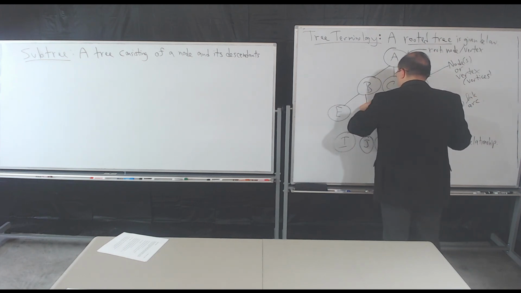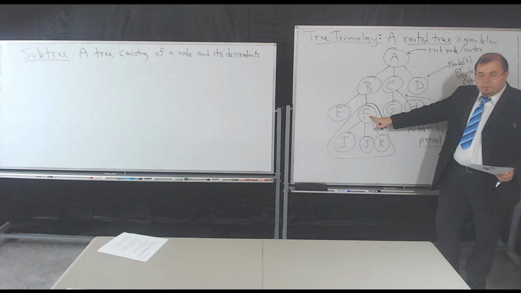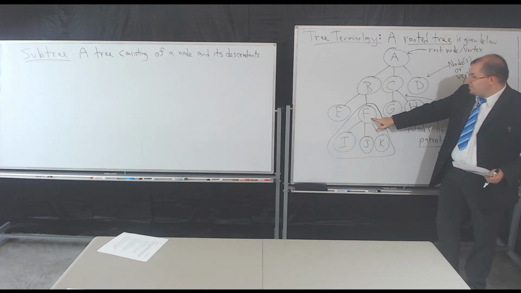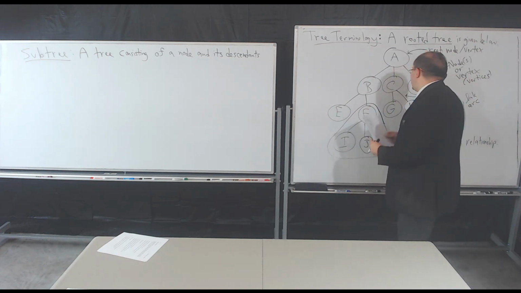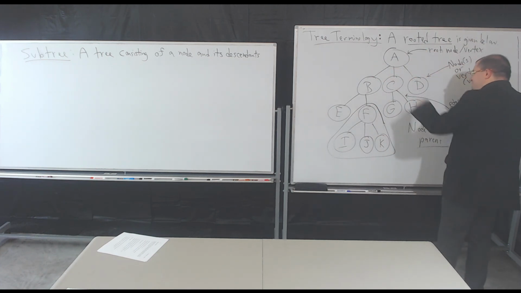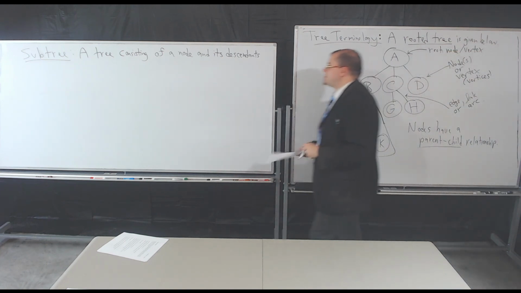So for example, if I consider F, this would be the subtree of F. If I pick F, the tree consists of it and all of its descendants. Likewise, if I pick just D, the subtree would just be D. If I pick A, it's the entire tree.